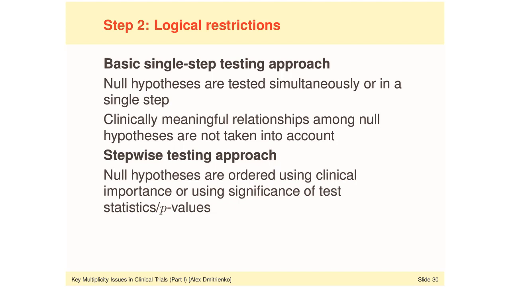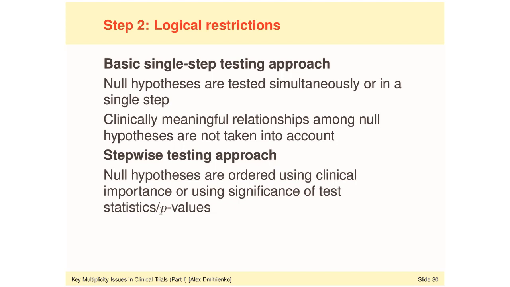Within this approach, the null hypotheses are tested simultaneously, or in other words, they're tested in a single step. Clinically meaningful relationships among the null hypotheses are not actually taken into account, and this is of course a limitation which ultimately leads to lower power.